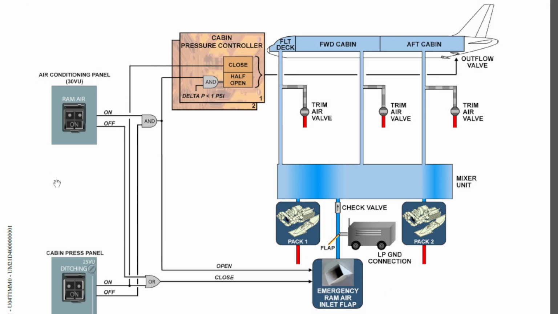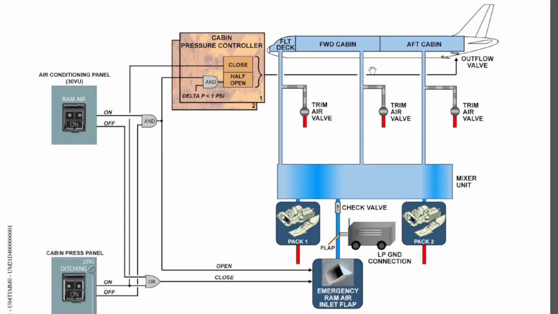So even though you press the emergency ram air push button, and ditching is not selected, even though the ram inlet flap is open, the air will not be able to come into the mixer unit or the cabin unless the pressure inside the aircraft cabin or this mixer unit is less than the air pressure outside.